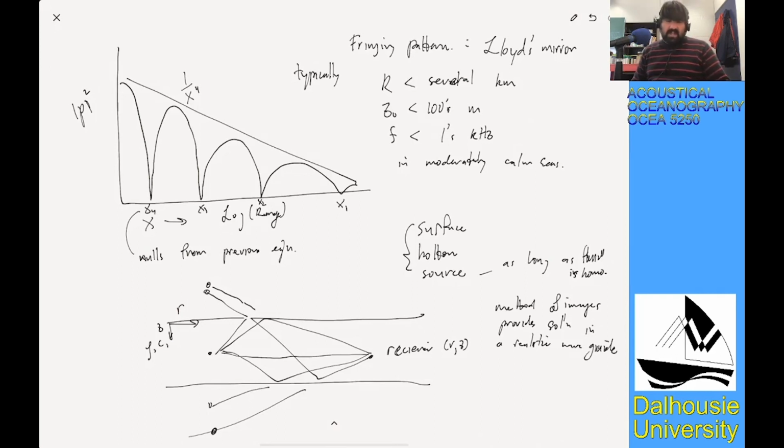And essentially, everything is just an exercise in geometry. We can just write everything as an infinite sum of e to the i k R n over R n. So that gives us a method to solve all problems in a waveguide.